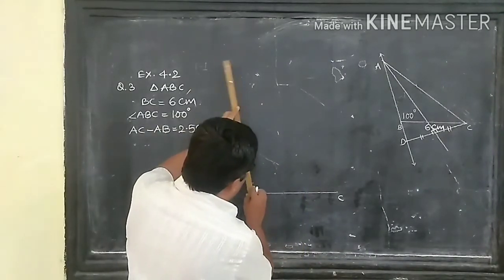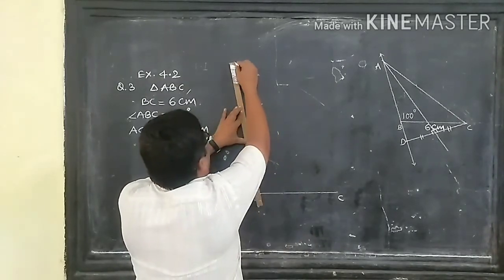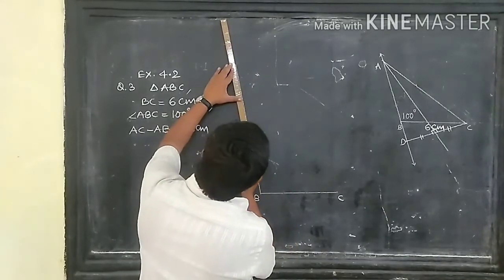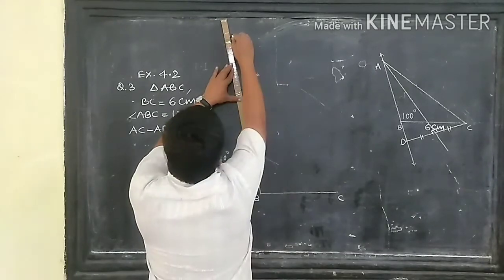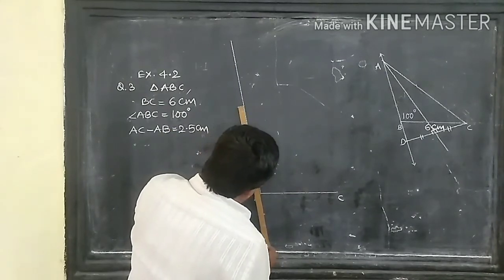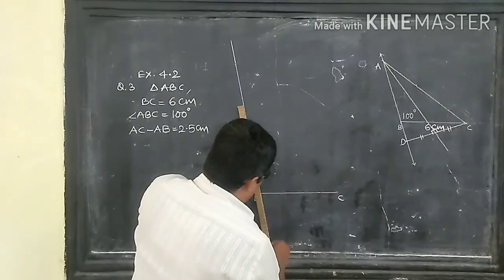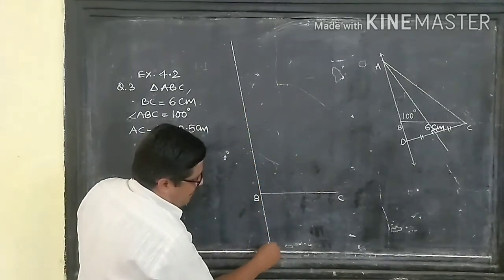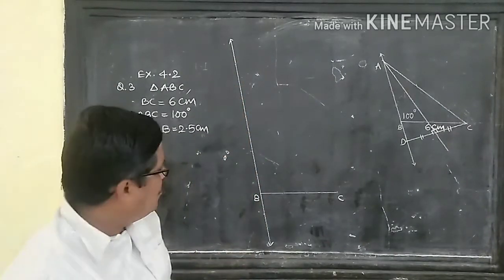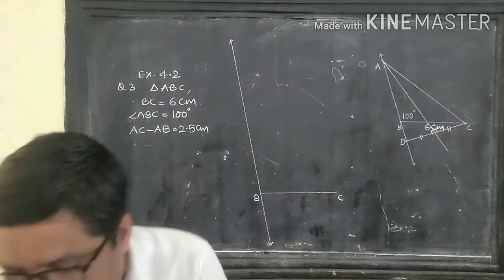So here we have to draw an angle in this way. At the same time we have to extend it on the opposite side. Now the next step is the difference between the remaining two sides is 2.5.